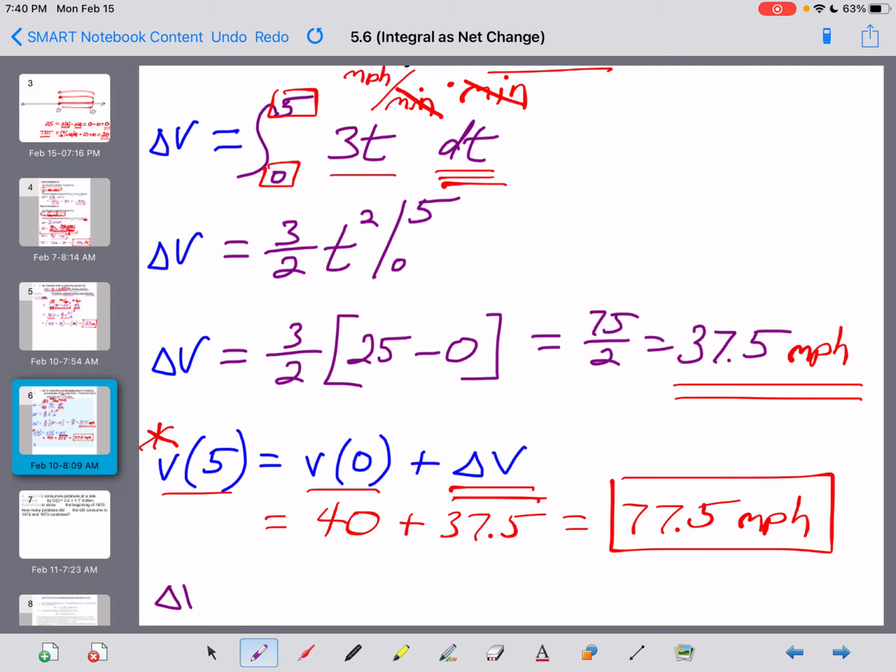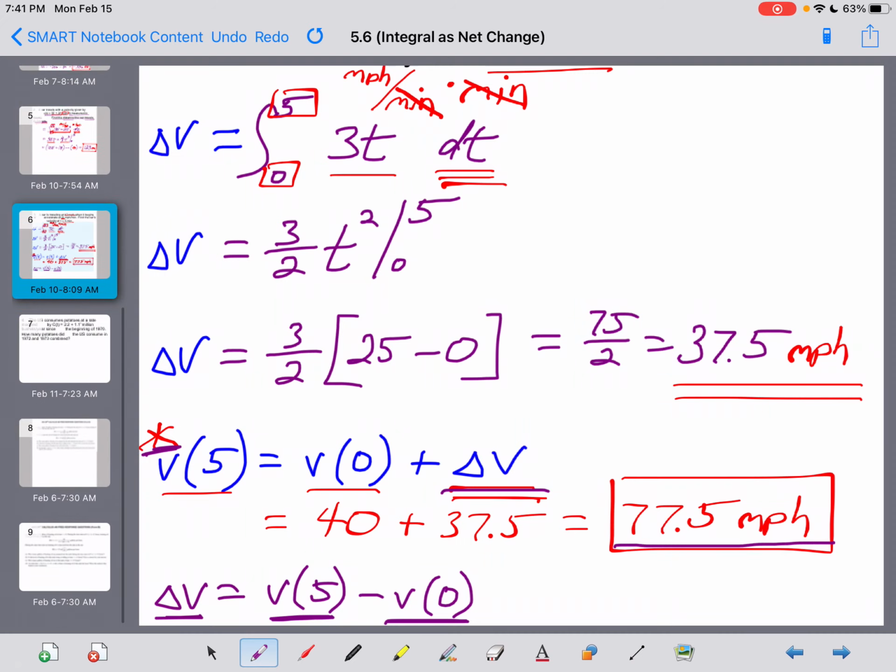To find delta V, that's going to be your ending velocity, which is v of 5, minus your starting velocity, which is v of 0. That's the same formula that we have right here, just solved for the delta V. And in that case, you knew that delta V was 37.5, v of 5 was the unknown, and then the v of 0 would have been 40. And if you add the 40 to the other side, you'd get that same result of 77.5.